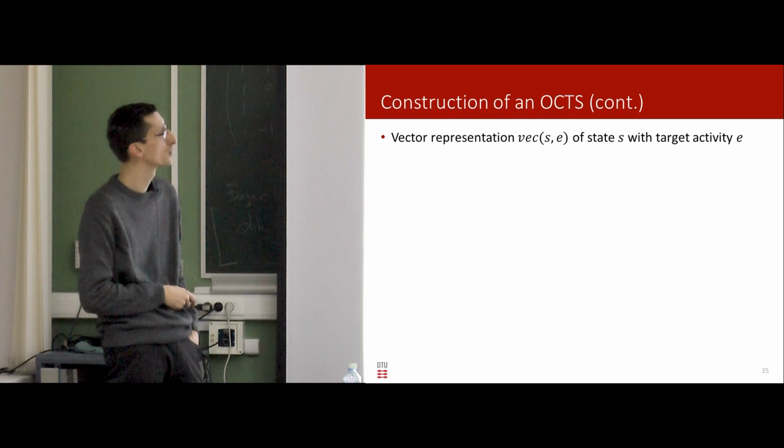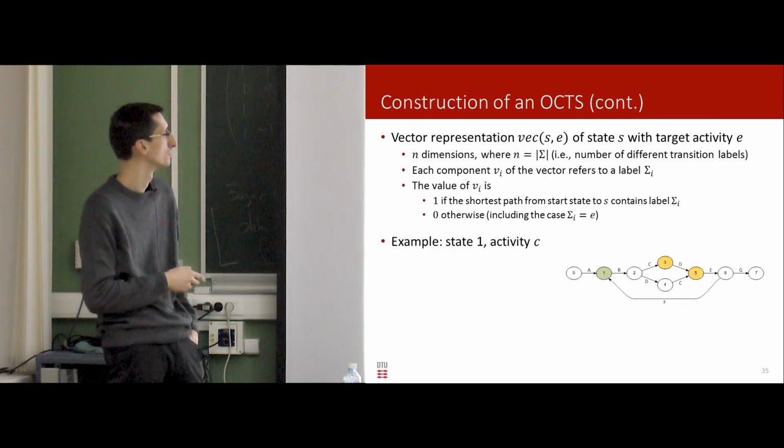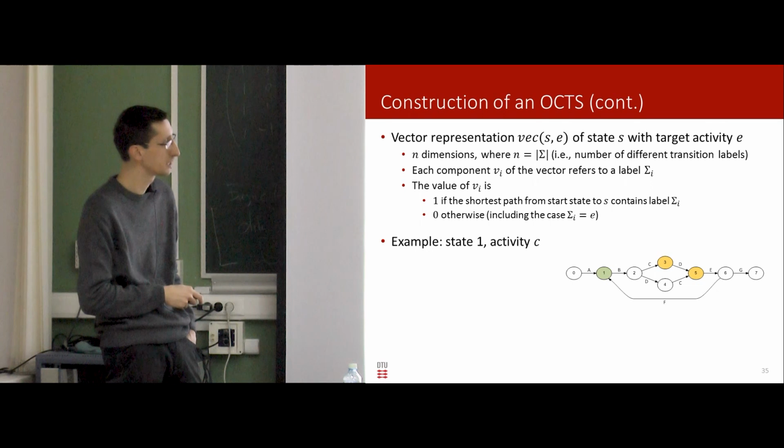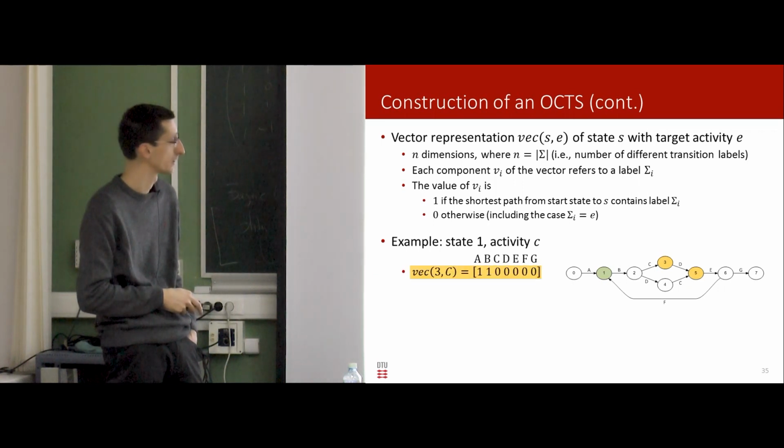So let's see how we compute this similarity. I will just go very quickly. The idea is that we just consider the path from the beginning, from the initial state, down to the current activity, to the first candidate activity, and the shortest path to the other candidate activity.